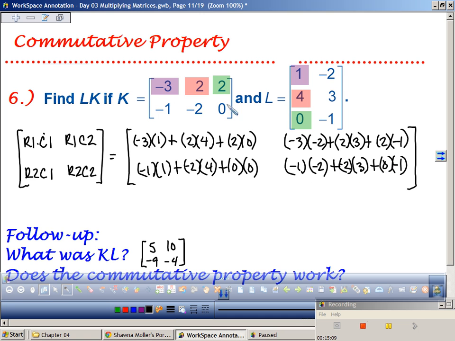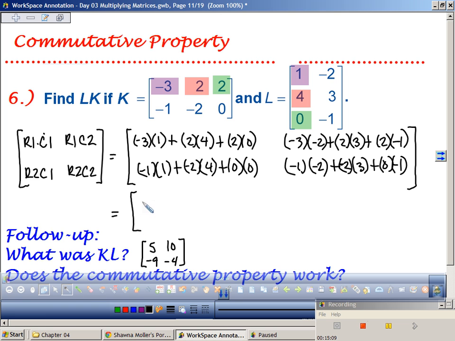So I'm just putting, right? They should all match. 1s, 4s, 0s, negative 2s, 3s, negative 1s. Then 3s, 2, 2, negative 1, negative 2. Uh-oh, that should be negative 2. And 0. All right, moving on.